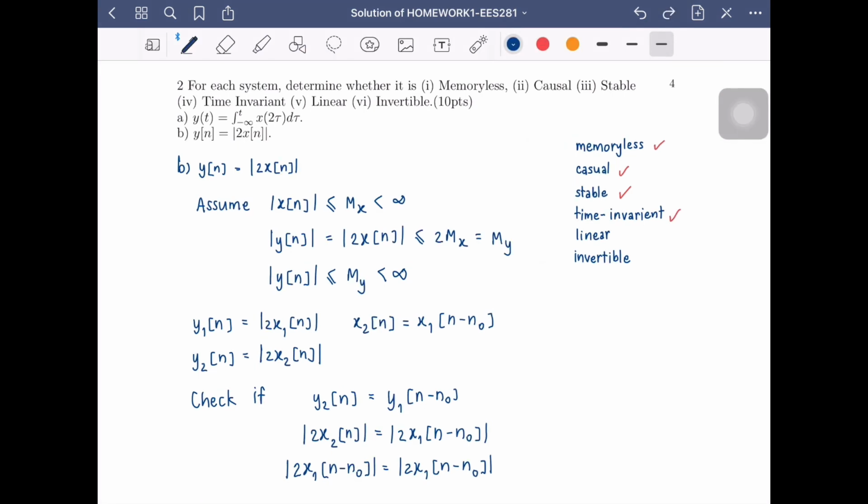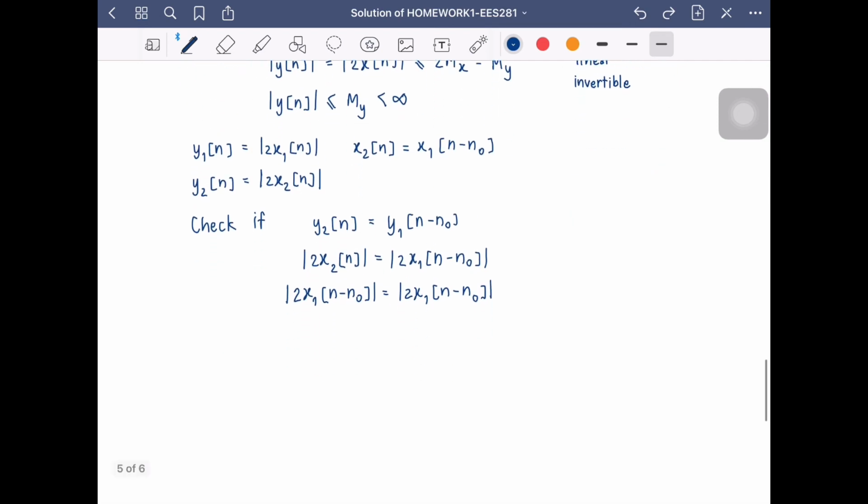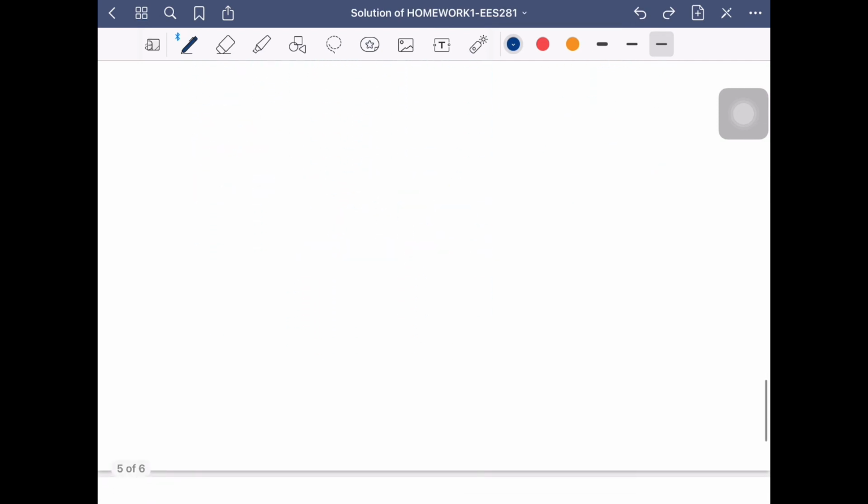Next we have to check the linearity. So now we have x1 that leads to y1, which is equal to the absolute value of 2x1, and in the same manner x2 leads to y2 equal to the absolute value of 2x2.